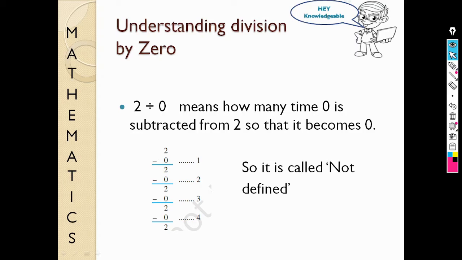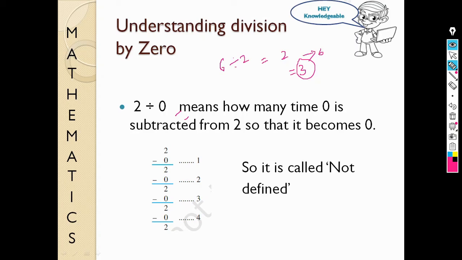So let's try to understand division by 0. What we have seen in the previous slide: suppose you are dividing 6 by 2, it means how many times 2 would be subtracted from 6 so that it becomes 0. So the answer is basically 3. If you follow the same definition here, tell me how many times 0 would be subtracted from 2 so that it becomes 0.